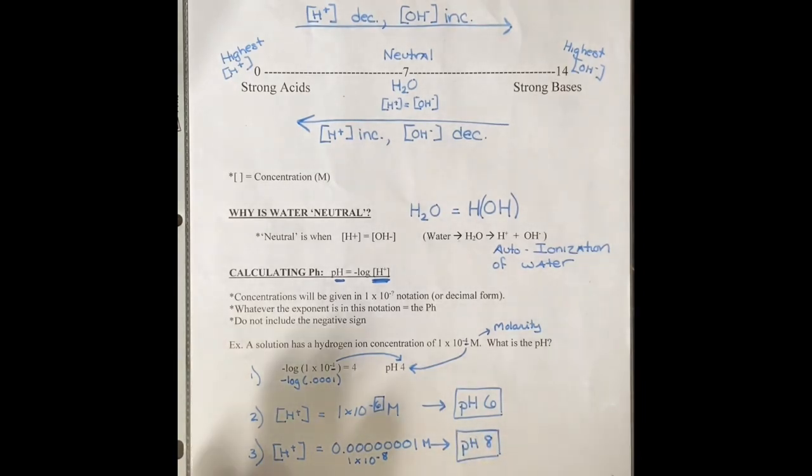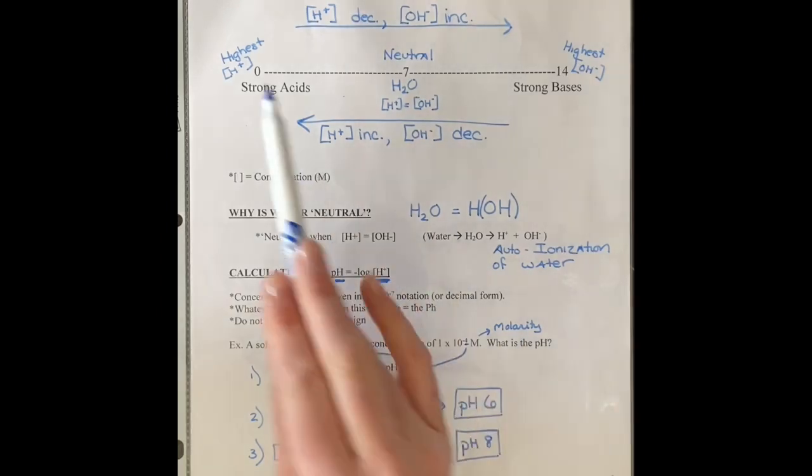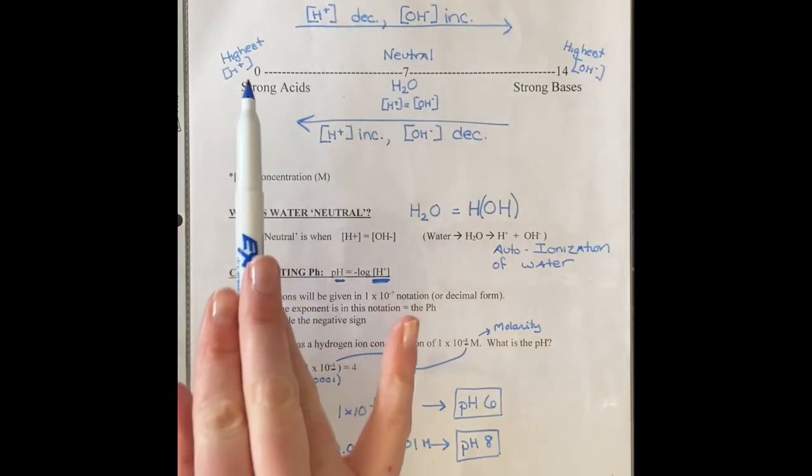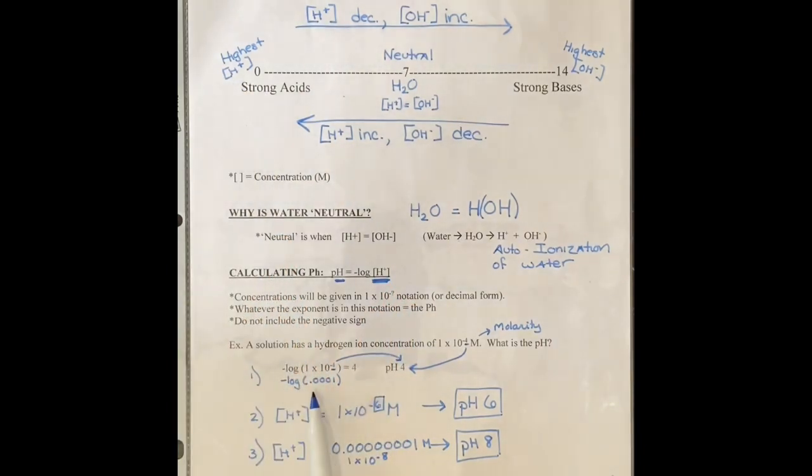So what I want you to realize here is as that exponent gets larger and larger, that negative 6 to a negative 8, the actual concentration is getting smaller and smaller. Because think about it, if that number keeps getting bigger and bigger, I just keep adding more zeros and moving that decimal to the left more. So when we talk about the lower numbers being the strongest acids, well, take a look at this. 0.0001 is a larger number than 0.0000001.